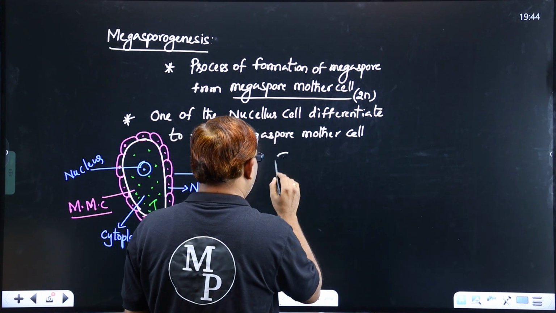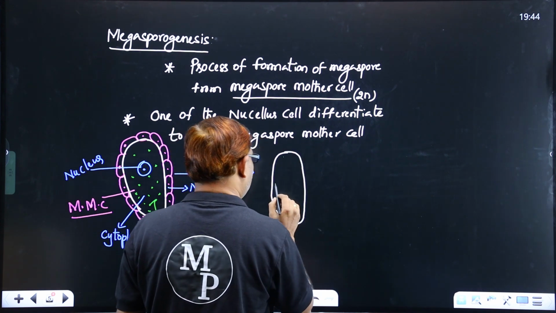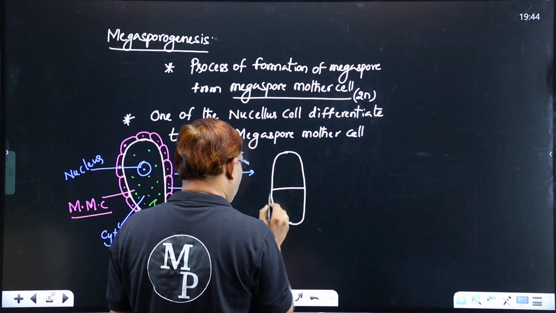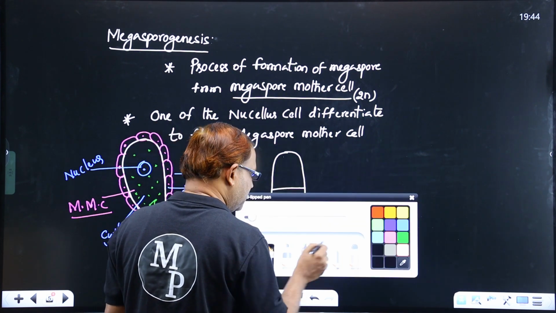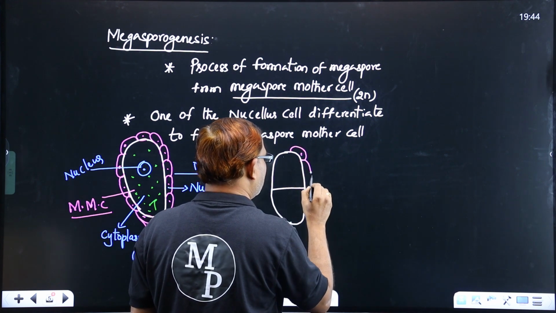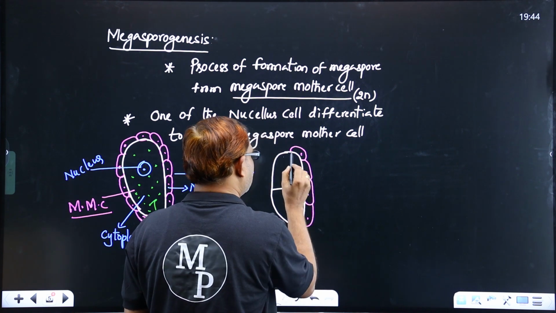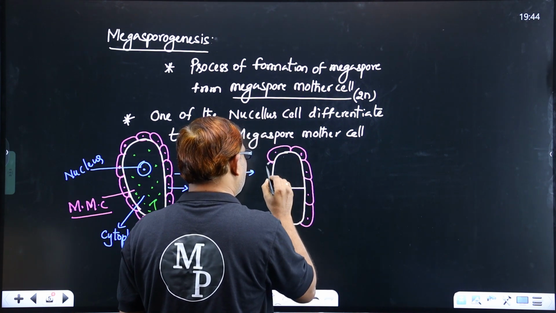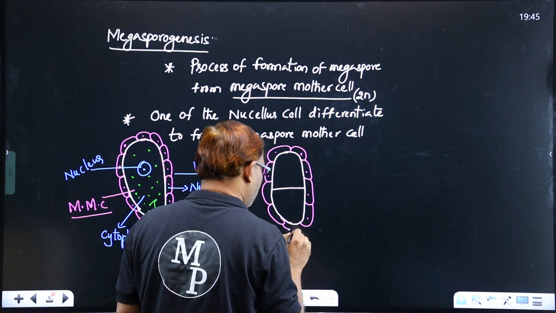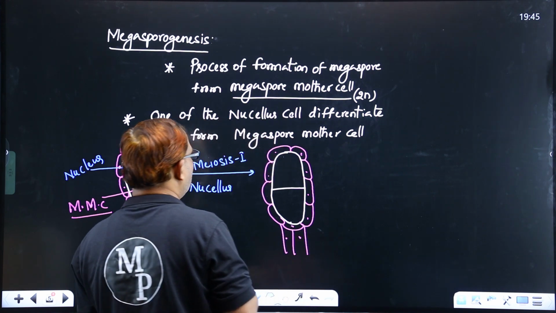The megaspore mother cell undergoes meiosis 1 to form a dyad of cells, surrounded by nucellus cells that remain as they were. Only the megaspore mother cell undergoes meiotic division.